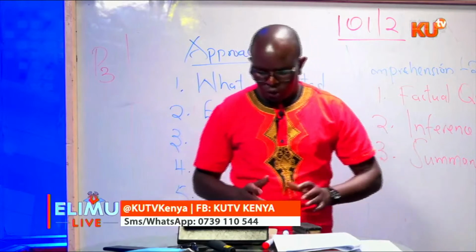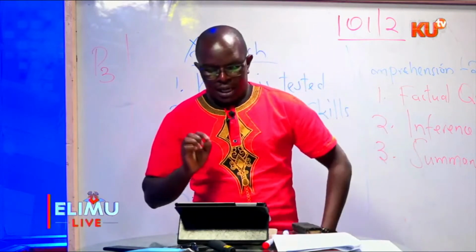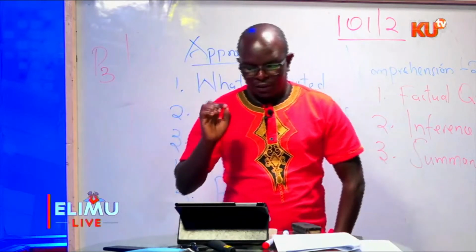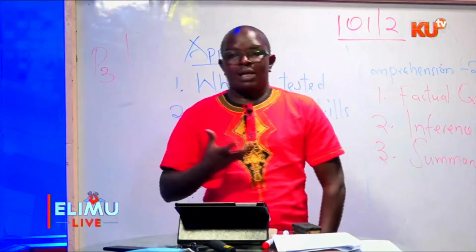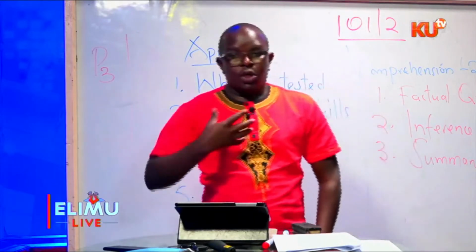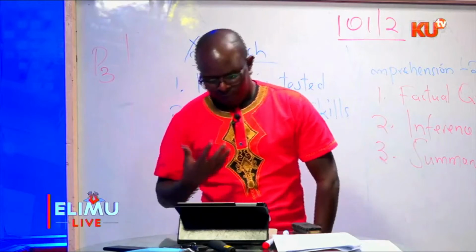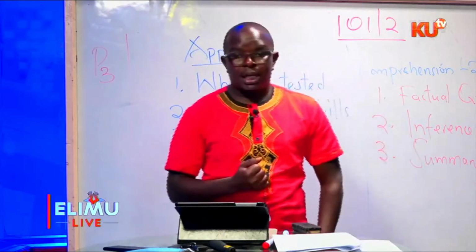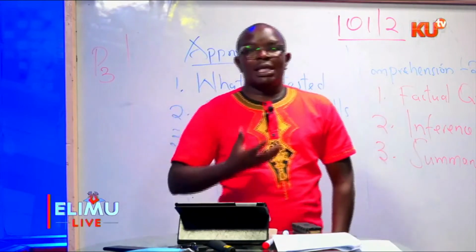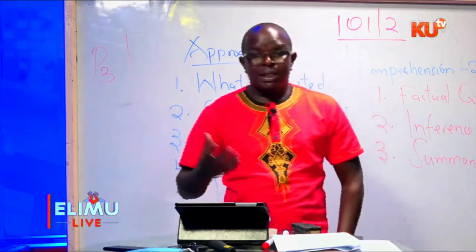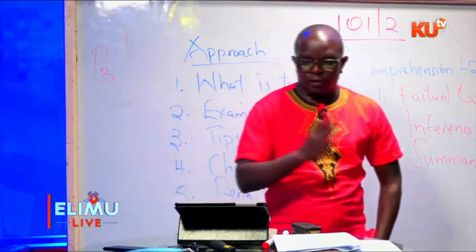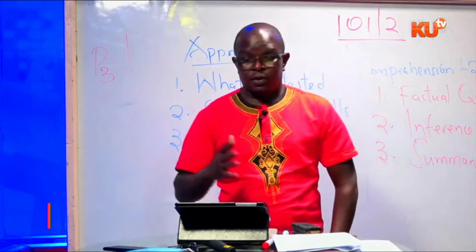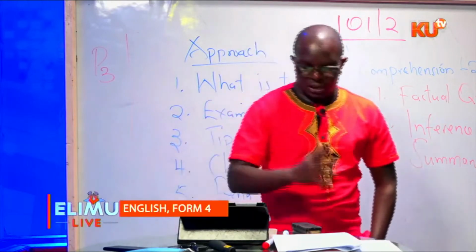So what do you need to do? First, take note of the words used: in about 30 words, or in not more than 60 words. If you're told in about 30, then you are given an allowance of plus or minus 5, so you can write from 25 to 35 words.